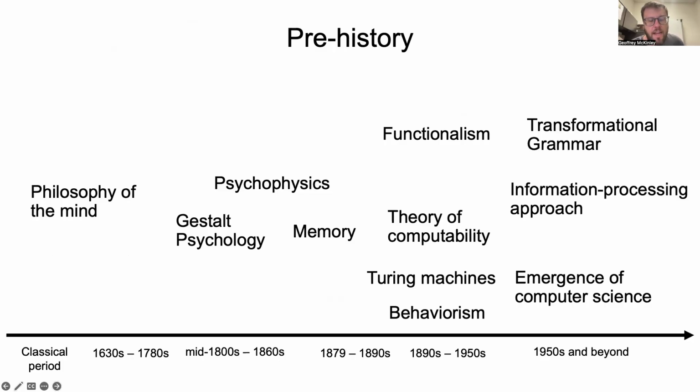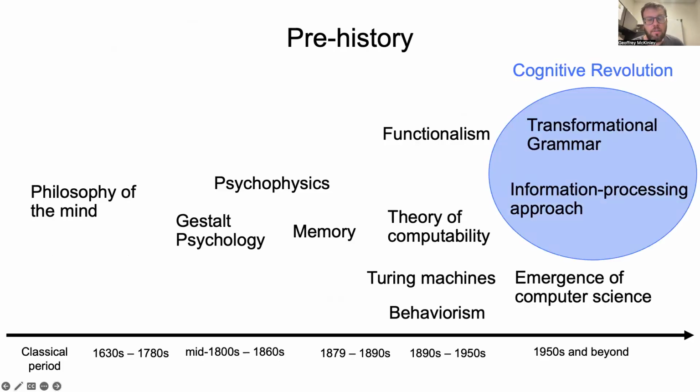I would say the 1950s is probably considered the cognitive revolution, with transformational grammar and the information processing approach. This is probably when behaviorism, it doesn't die, but becomes the less dominant perspective in psychology and in cognitive science as well. Okay, in the next video, we will talk about the computational theory of mind and different approaches of cognitive science.